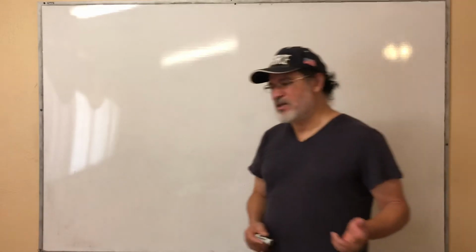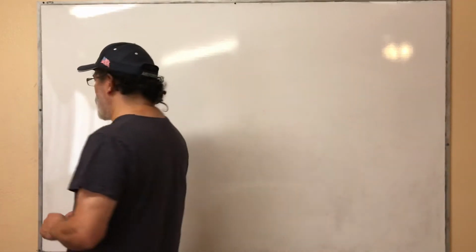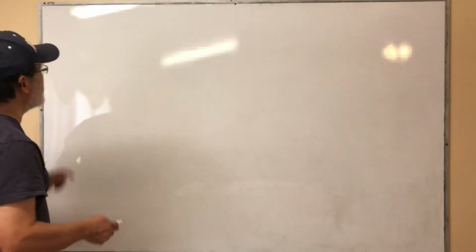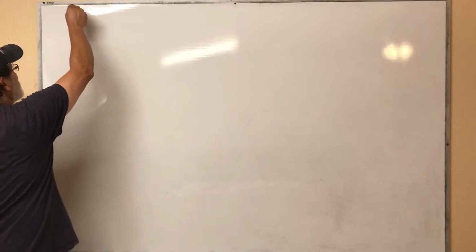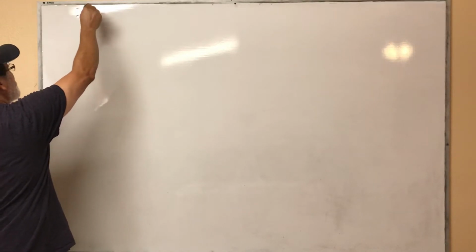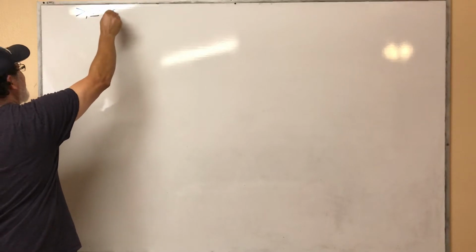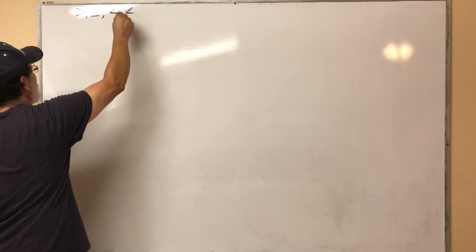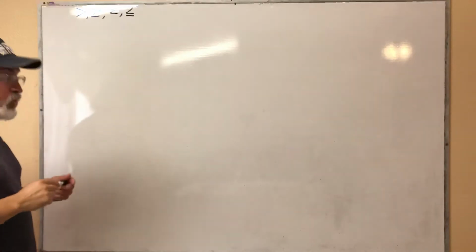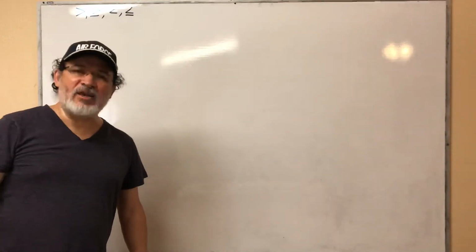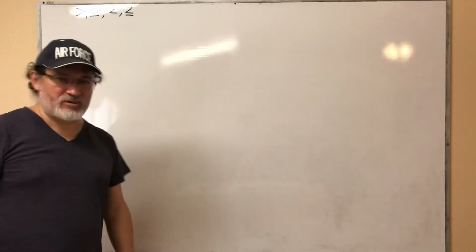Here is a linear inequality. So these are the inequality symbols: greater than or equal to, less than or equal to. We call these inequality symbols.